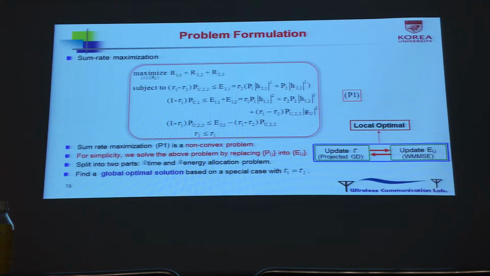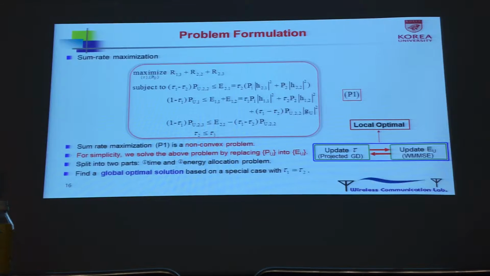I'm not going to go into detail on how to solve this problem. Actually, solving this problem is non-trivial, and it needs a lot of techniques to solve this non-convex problem. Just to summarize the overall algorithm, it is difficult to jointly optimize the time and power, but in order to obtain a local optimum solution, we apply the alternating approach.